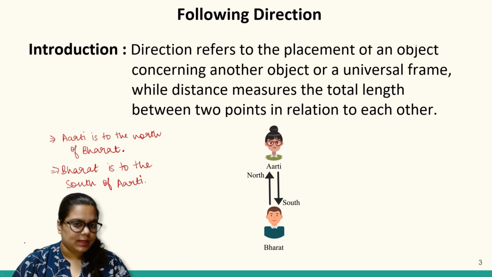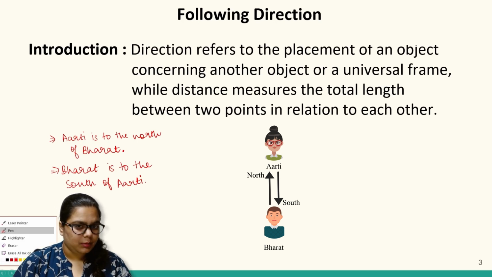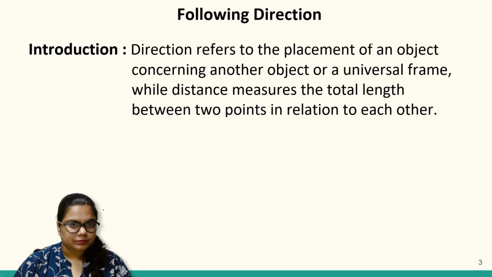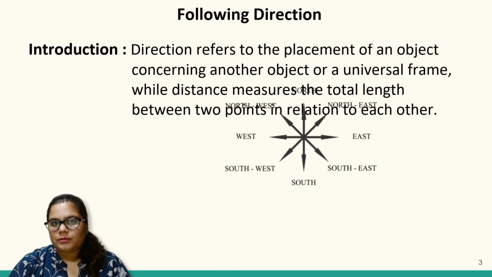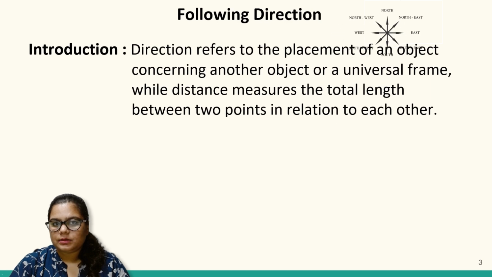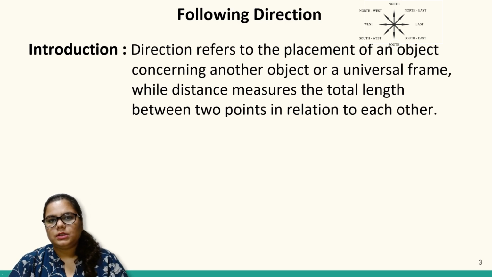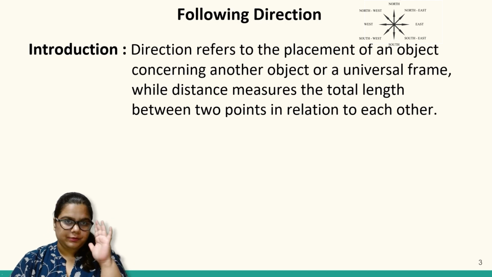Let us do a similar question. Let us understand this with the help of an example. I'm drawing a small chart to indicate the directions, just for reference. This is southeast, this direction is southwest, and this direction is northwest. This small diagram is just for your reference.